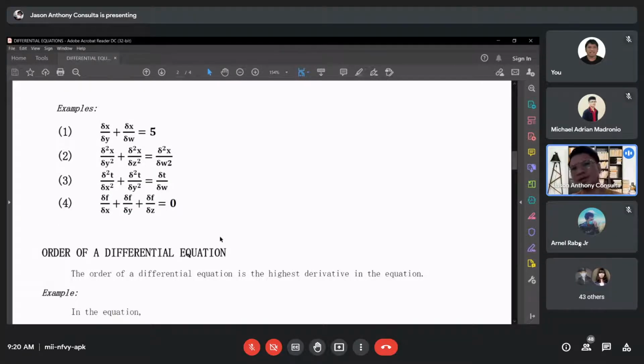So meron tayong, ito kasi class, this is very important, itong order at itong partial and ordinary tsaka yung order ng DE kasi mga basic question siya na tanong sa board exam. Ilang taon na class na meron lagi nito.